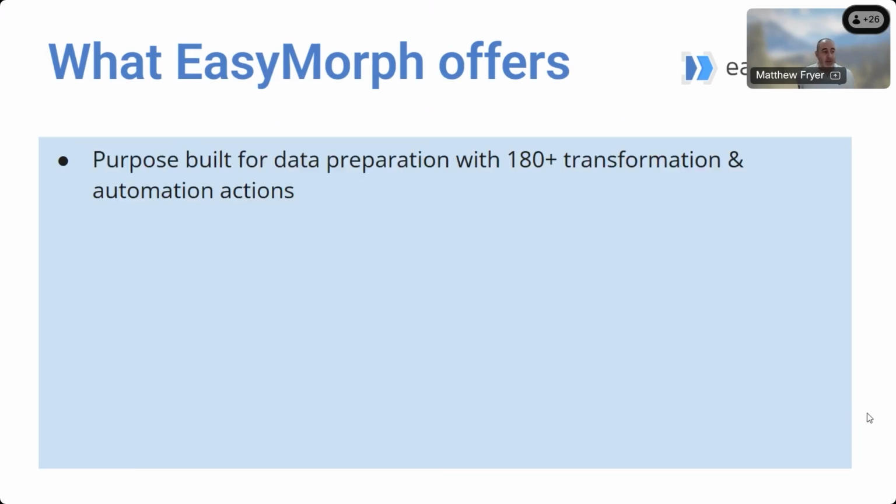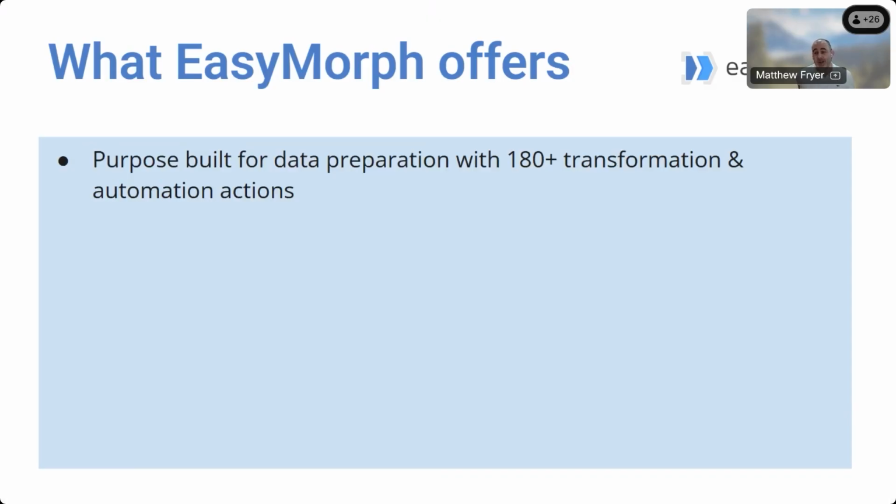So how does EasyMorph help? Well, again, how long is a piece of string? But just to highlight some of those things, repeating what we've already said, EasyMorph is a purpose-built platform for data validation, for data transformation, for data automation.